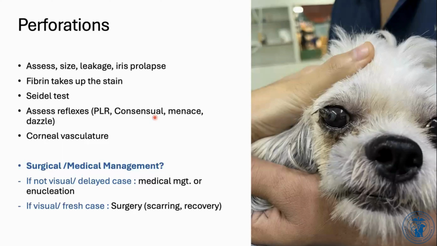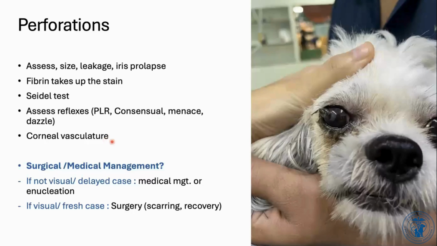If we get a positive PLR in such an eye, then it is worth taking a chance to save the vision and go for a surgery. But if I know that it is a pretty long standing case, the anterior chamber is fully gone and there is fibrosis, there is no point in going for surgery also. That will be unnecessary discomfort for the pet.